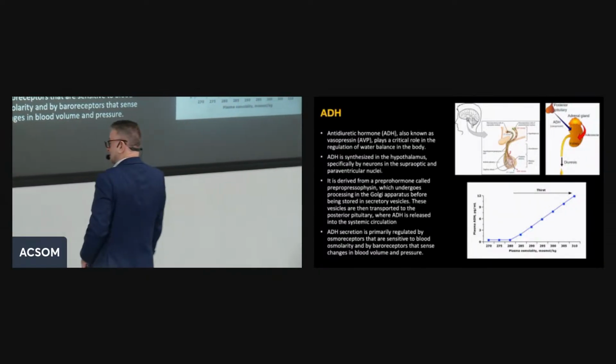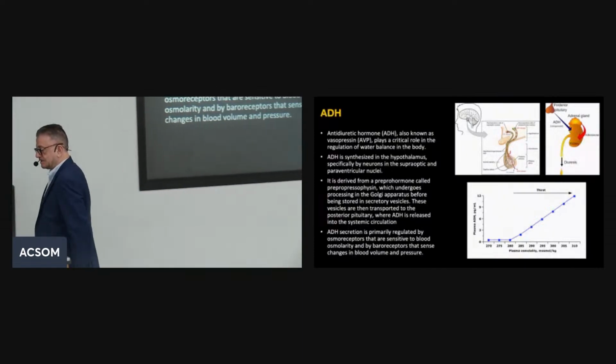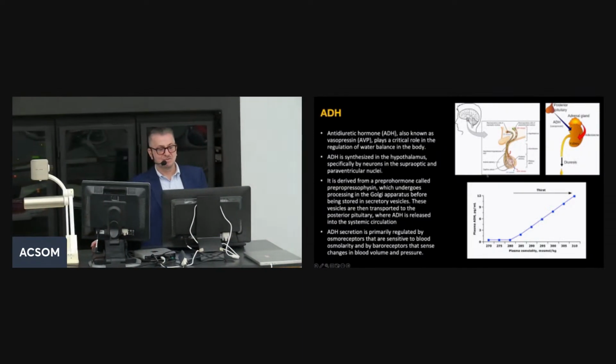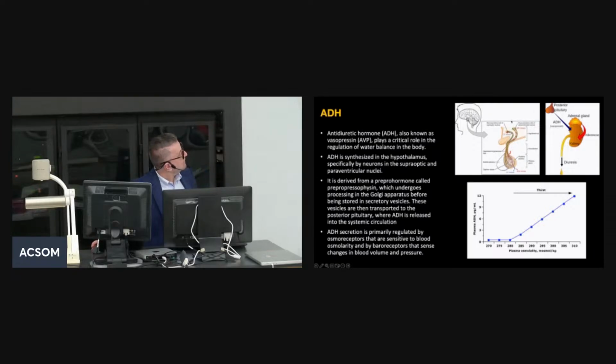So it goes from the hypothalamus. You see the arrow? There are two sensors here. Both are neurosecretory cells in the supraoptic and paraventricular nucleus in the hypothalamus.